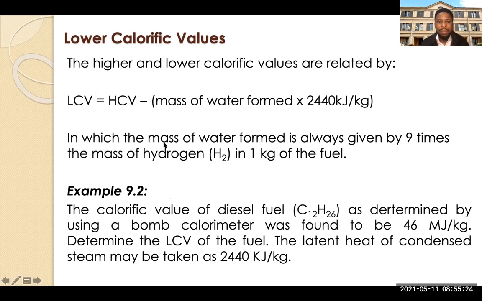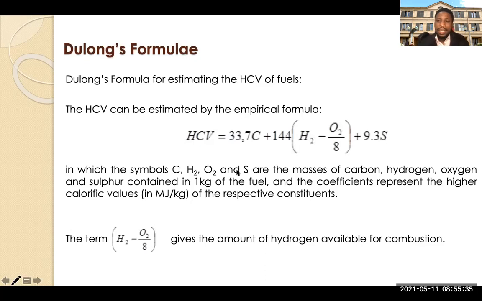And then remember, I've mentioned this a number of times today already, the fact that we look at hydrogen. Hydrogen is contained in the material. So one of the formulas we'll be working with is Dulong's formula.